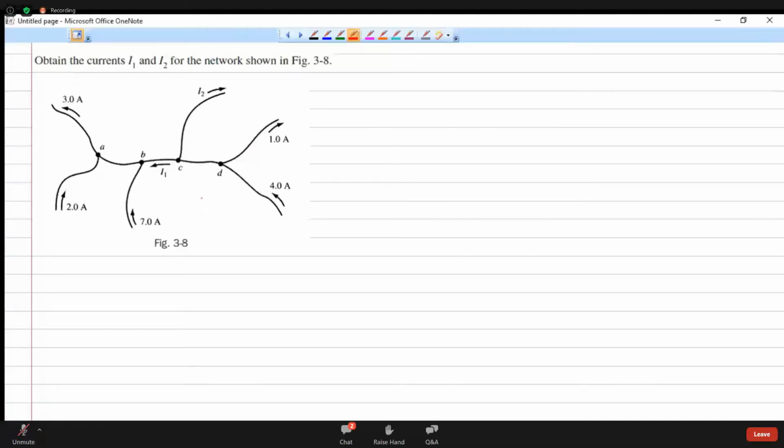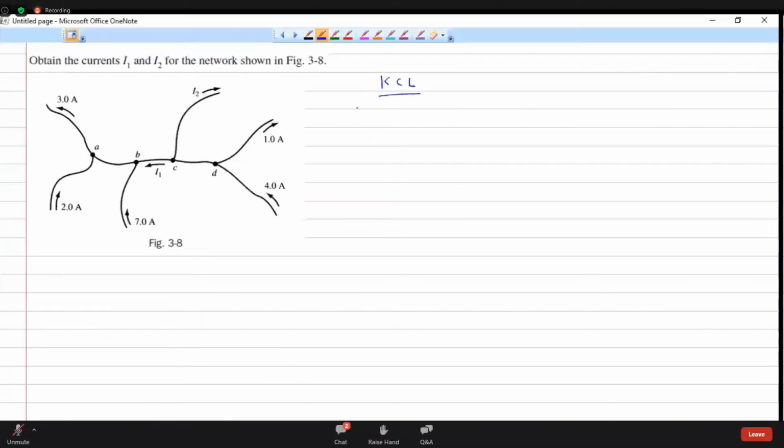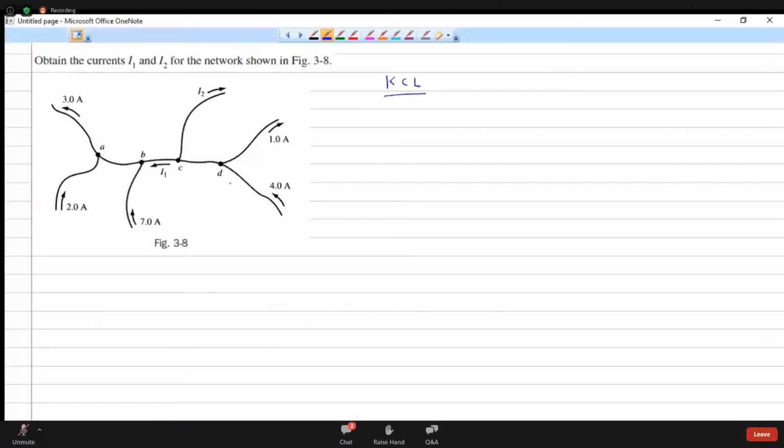Which rule should you use, KVL or KCL? KCL, the Kirchhoff's current rule. How many principal nodes can you notice in this figure?